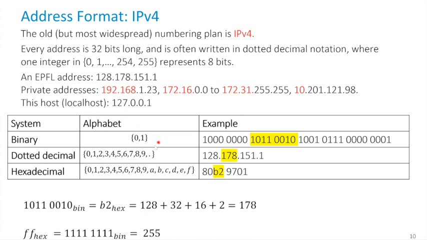So if, for example, I have this sequence of 8 bits, 10110010, we interpret this as the expansion in base 2 of a number.